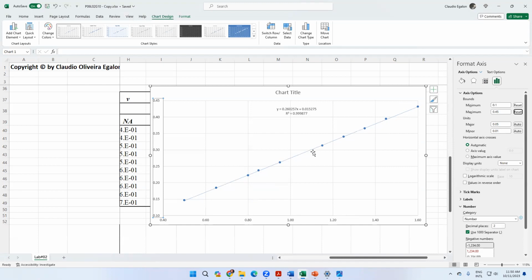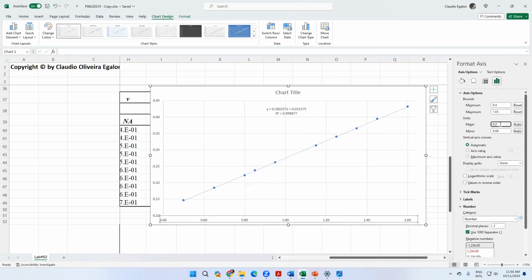Oh, I see, 1, 2, 3, 4, 5, 6, 7, 8, 9, 10, right? This one I'm going to give a little bit of room. Can I give a little bit of room here? Maybe. I change it to 0.1, 0.05.